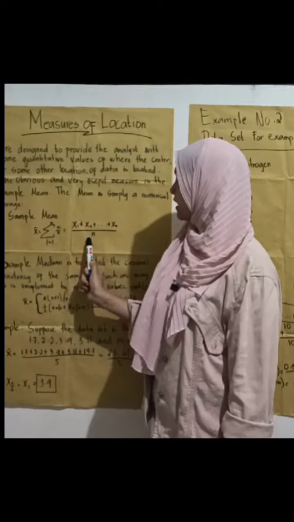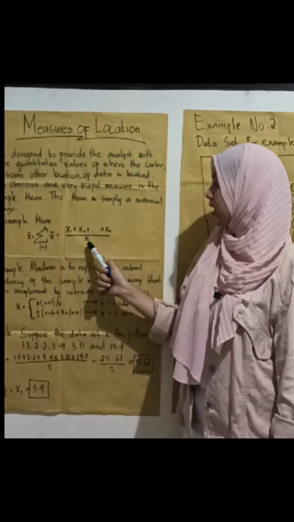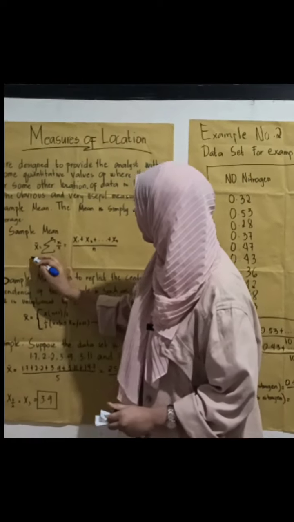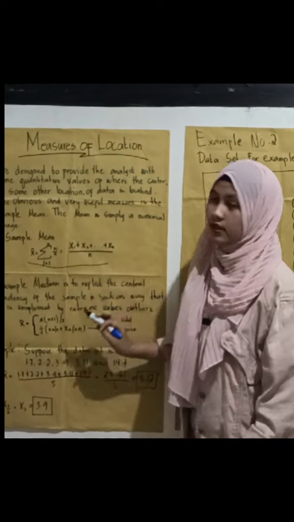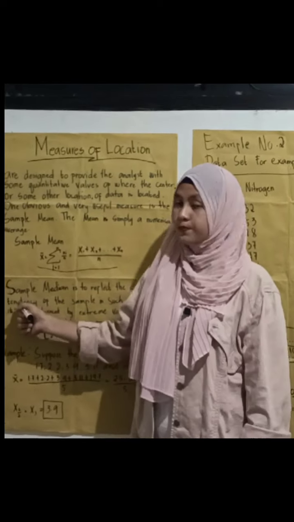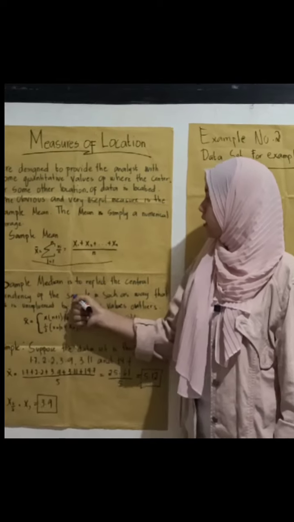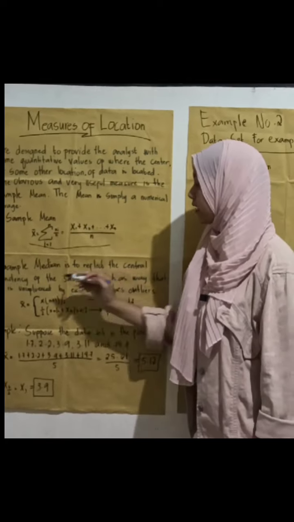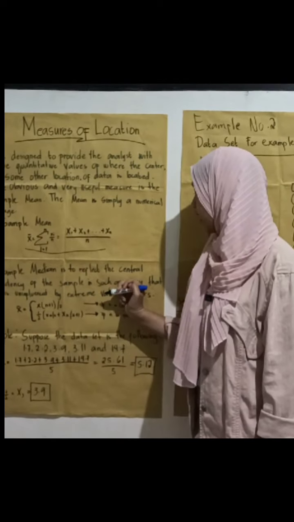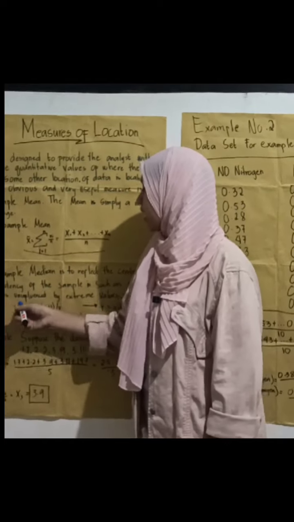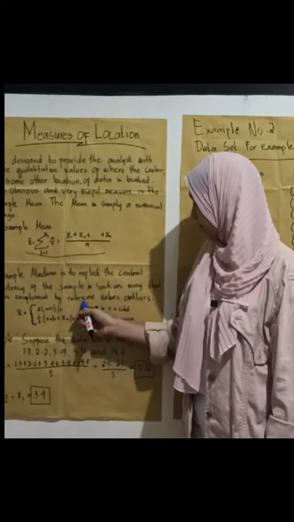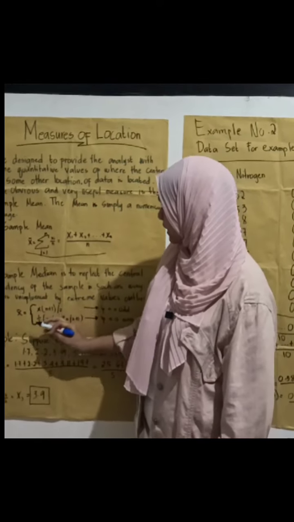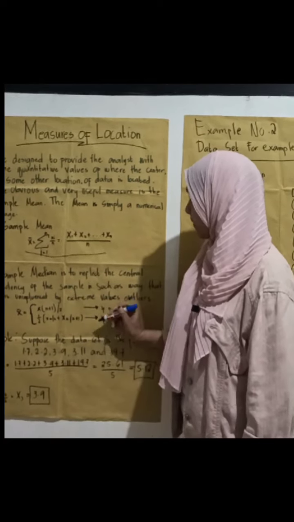We have here the formula in getting the sample mean. This is the formula in getting the sample mean. So let's proceed to the sample median. The sample median reflects the central tendency of the sample in such a way that it is uninfluenced by extreme values or outliers. We also have here the formula in getting the sample median.